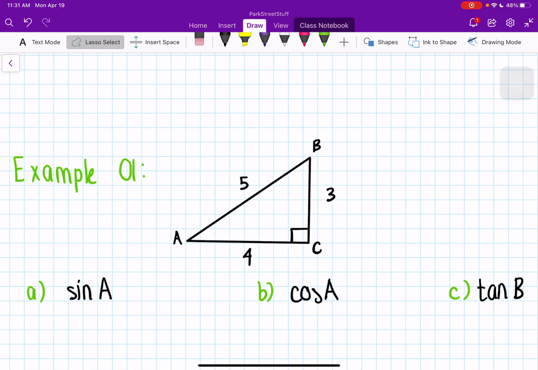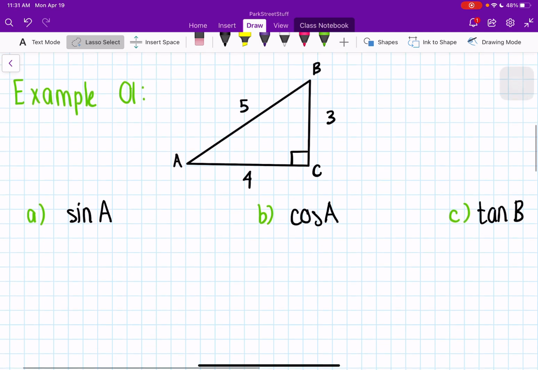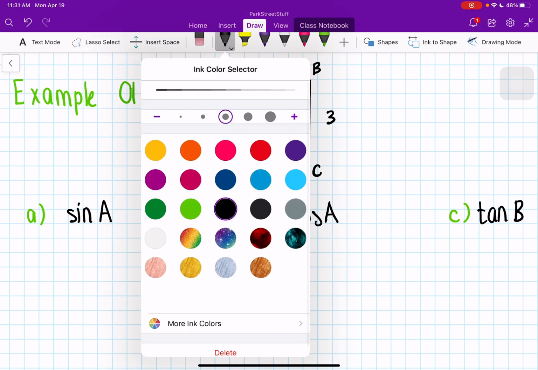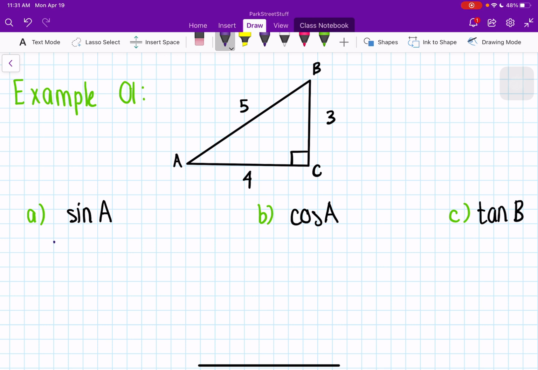And in this example, we're being asked to find various trig ratios. So the first one is asking for sine. So we're going to remember that sine is opposite over hypotenuse. And with respect to A, the opposite is 3.